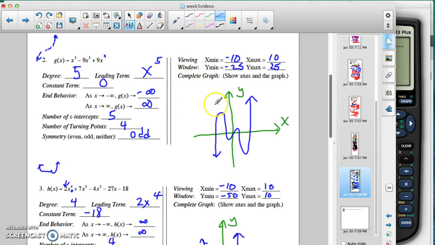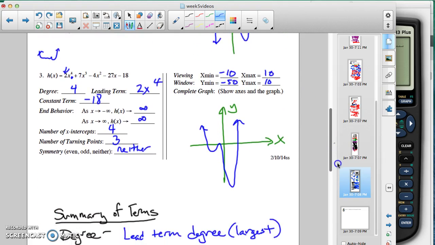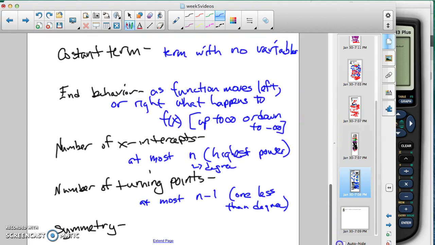So this one really matched the maximums of the degrees and the turning points, the intercepts and the turning points. And this one also matched the maximums. Degree of 4, we had 4 intercepts and 3 turning points. So the last two there actually matched the maximum number of x-intercepts and the maximum number of turning points.